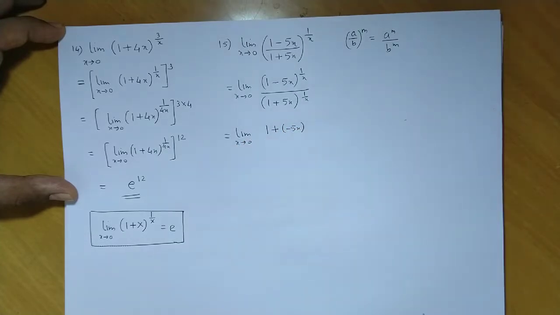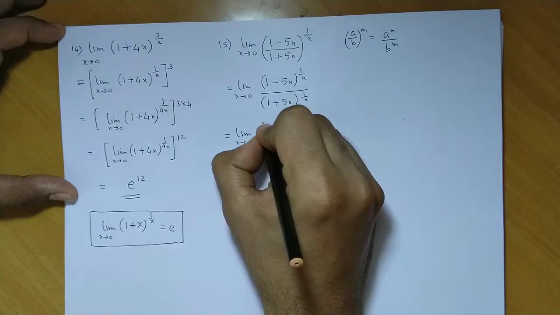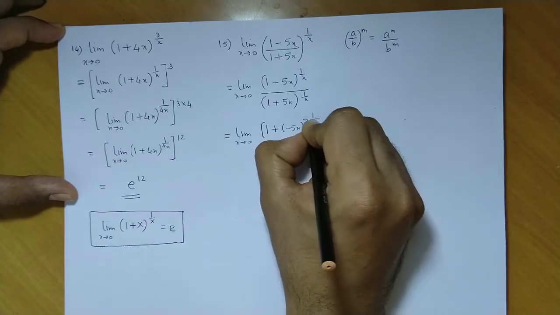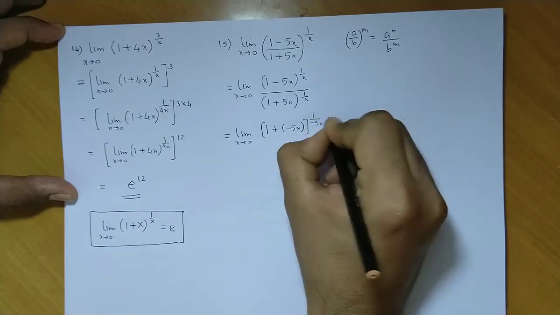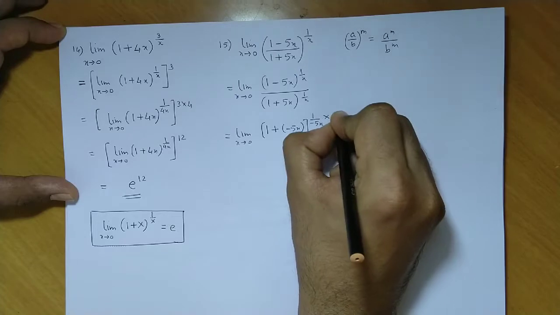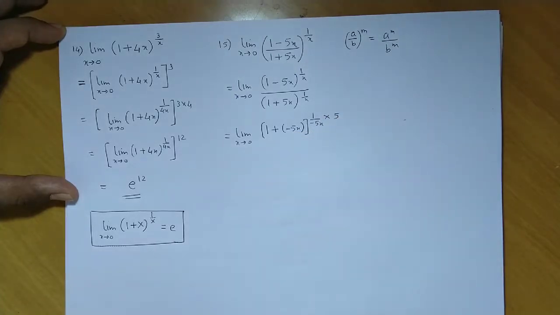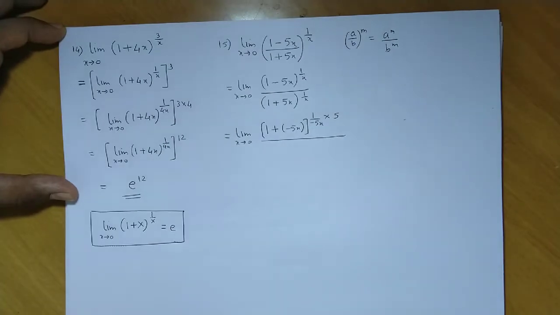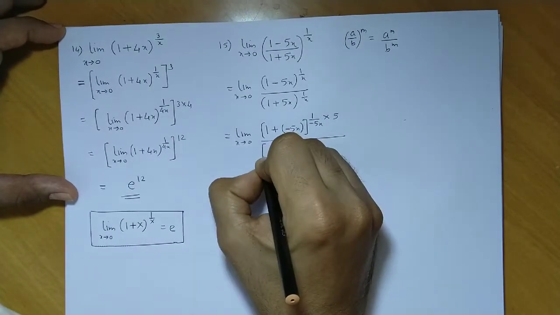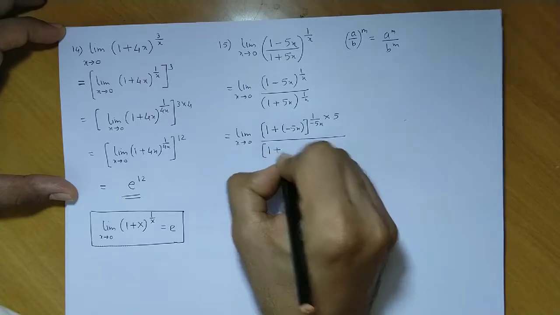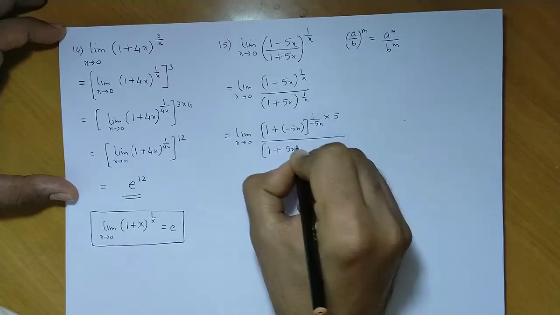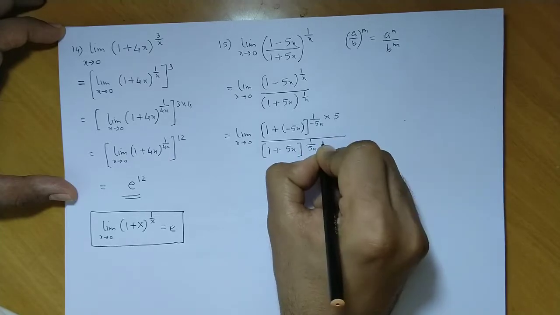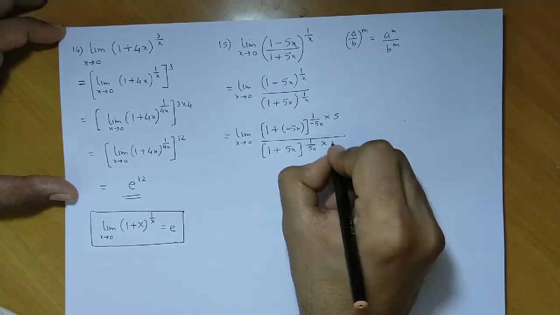Subtraction could be written as addition, raised to 1 upon minus 5x, and we balance this by 5. Correct? Divided by. Next what we do is, in the denominator you have (1 plus 5x) raised to 1 upon 5x, again into 5.